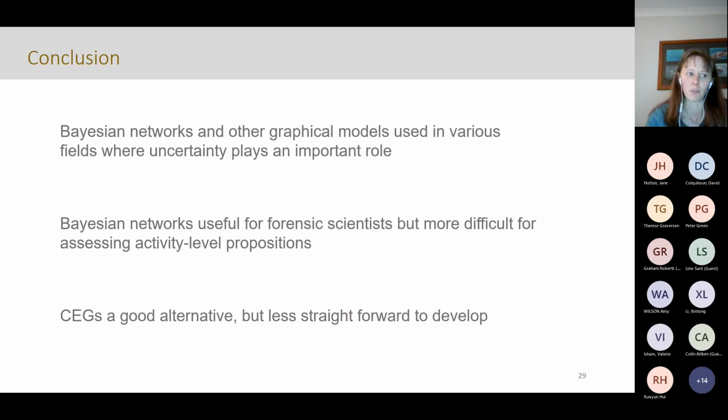And we found that they're quite helpful. They're very difficult to put together, was one thing that we found. You've really got to know the system or the case really well, but it's a very logical way of thinking about very complicated activity level propositions like that, because you can include lots of different evidence, you can think about the temporal structure of the case, and it's quite a logical way of thinking about these kind of problems.